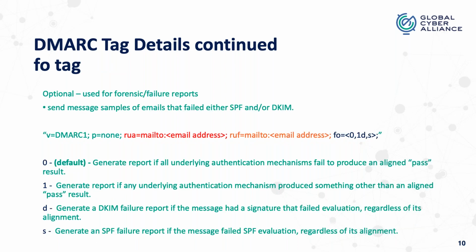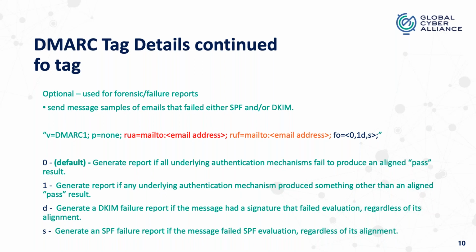Now the remaining tags here are completely optional. It's really up to you whether you want to use them or not, but each of these tags also has a default setting. So if you do not define it in your policy, it is going to use the default option for that tag. The first tag is the FO tag.